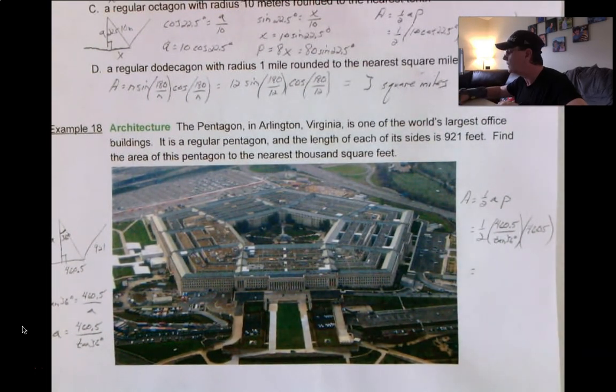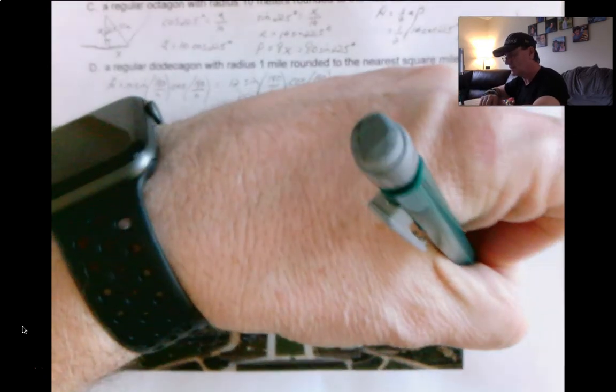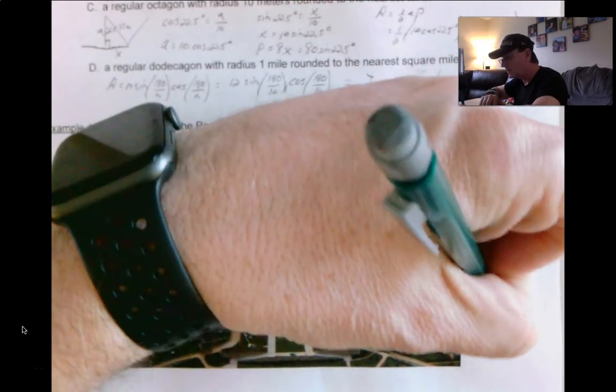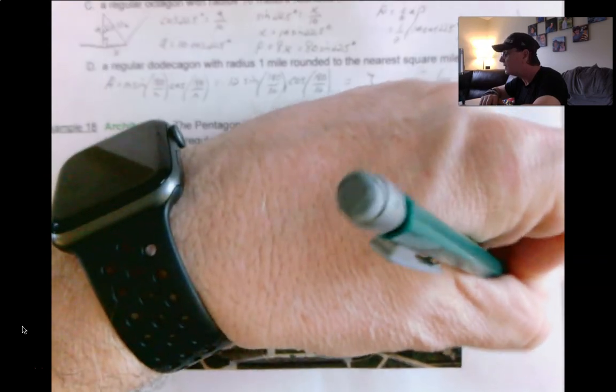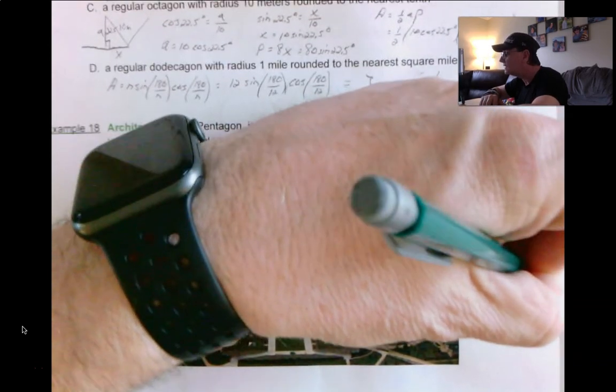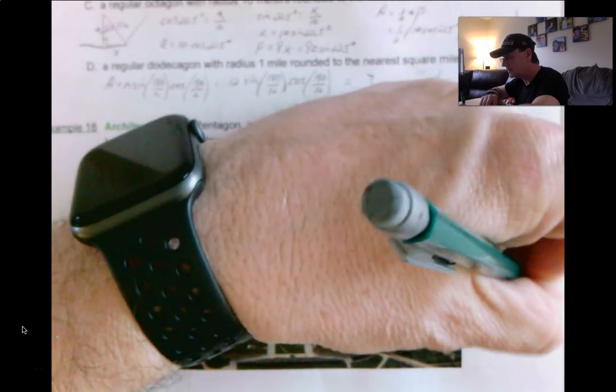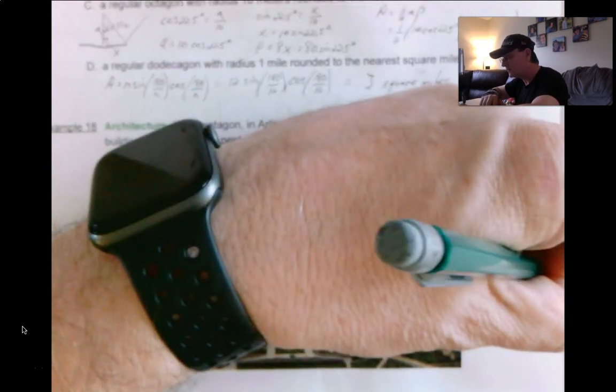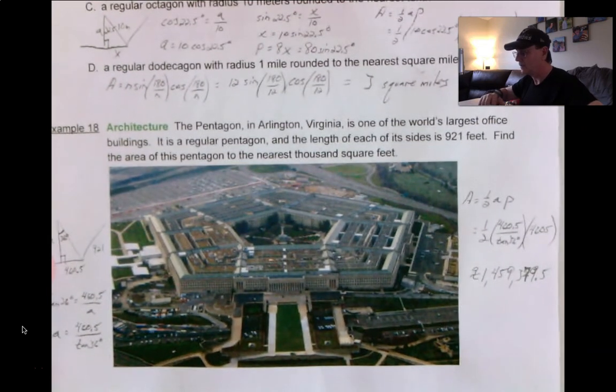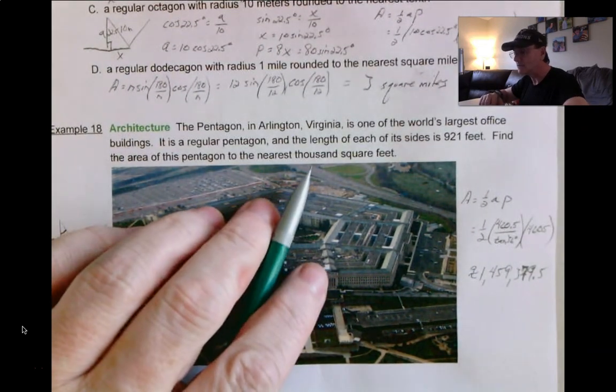So 4,605 divided by 2 times 460.5, that divided by tangent of 36 degrees is approximately equal to 1,459,379.5 square feet.